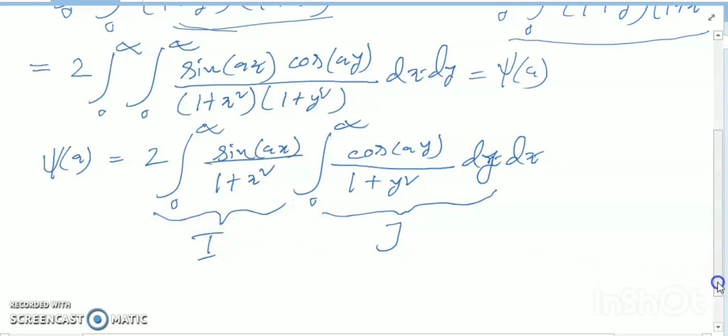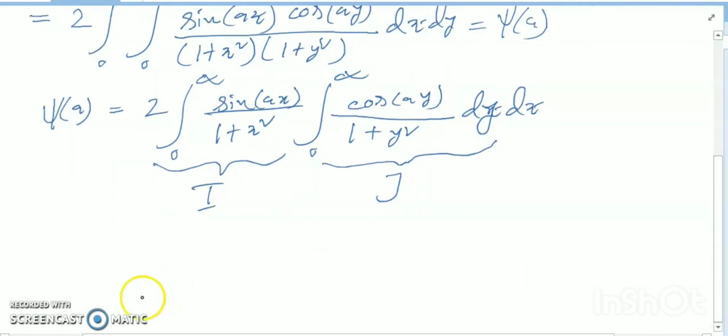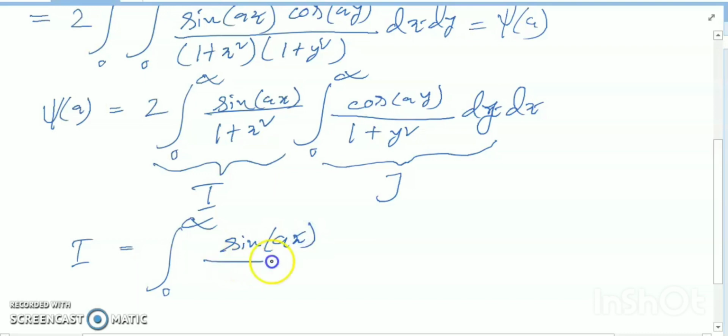So friends, how can I find out I? I equals the integral from 0 to infinity of sine ax divided by 1 plus x square, dx.